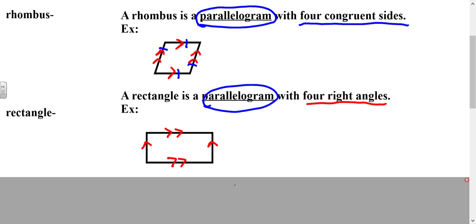So we've got our two pairs of parallel sides, but it also has four right angles. So we're going to mark those. To show that an angle is a right angle, that's noted by a little square inside the angle. So this shows that it has two pairs of parallel sides and four right angles.